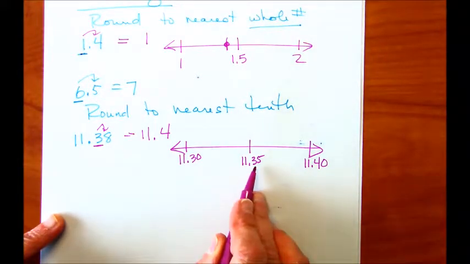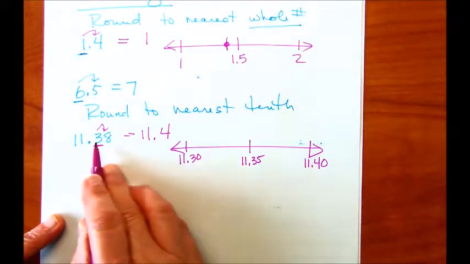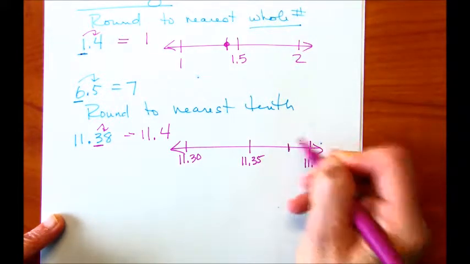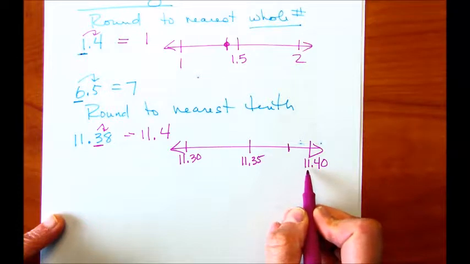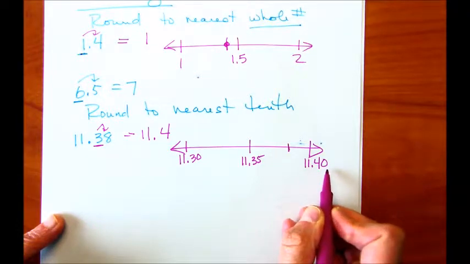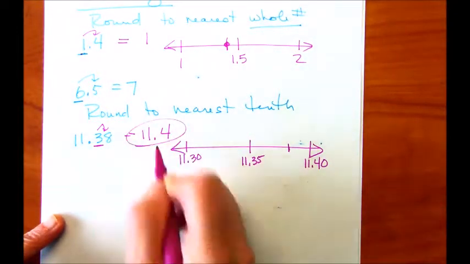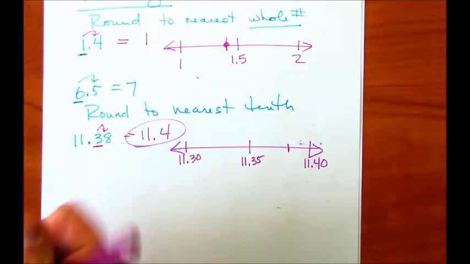So halfway would be 35 hundredths, and since 38 hundredths is probably around here, it's going to be closer to 11 and 40 hundredths, or 11 and 4 tenths. And so that would be your answer.